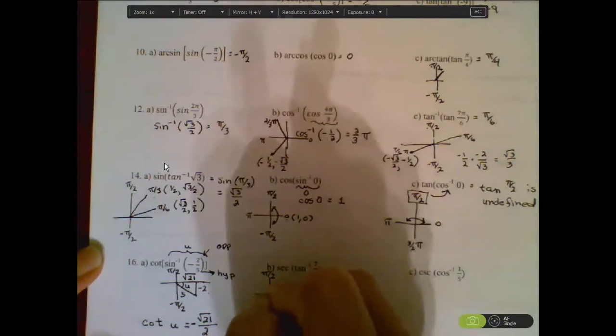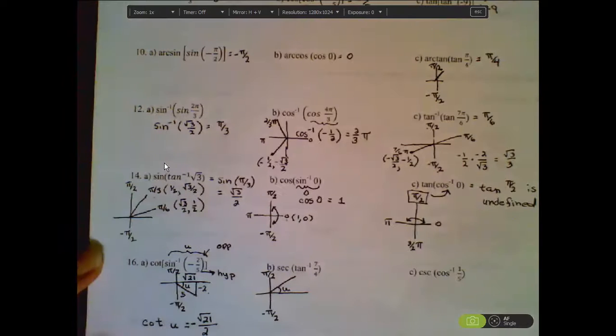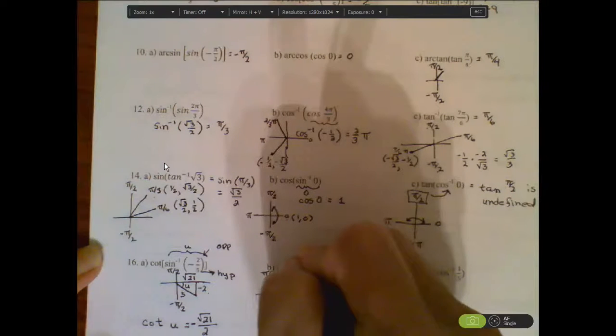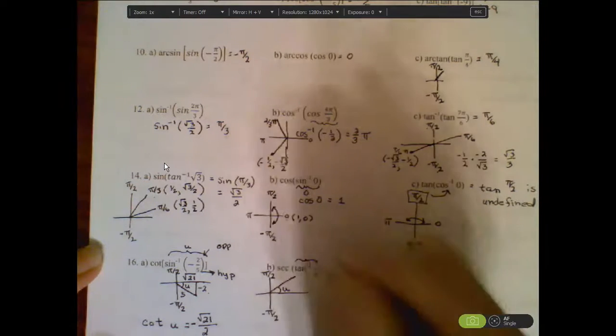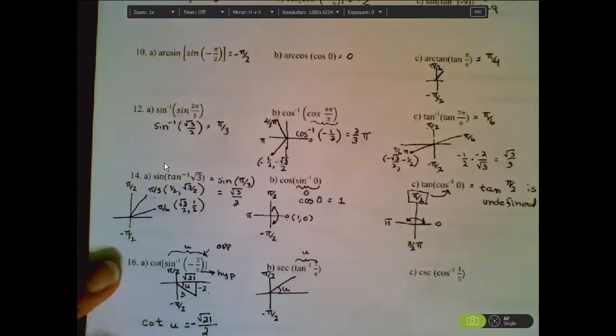So I'm going to draw a first quadrant angle, label it U, and label the sides of that triangle in such a way that tangent is 7/4.